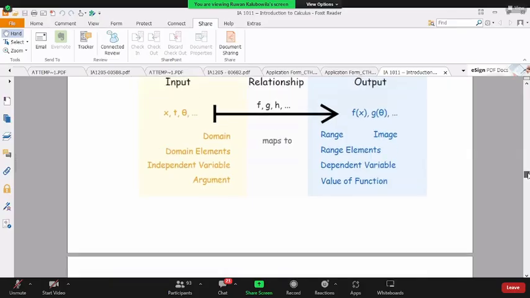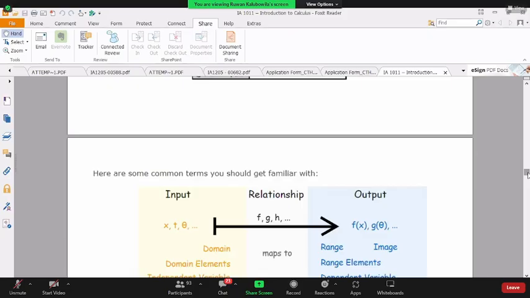Then we tried to figure out the domain as well as the range of the functions we met in different ways. We talked about polynomials, like x squared plus 5x plus 3.